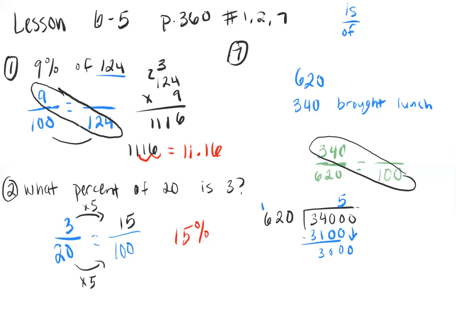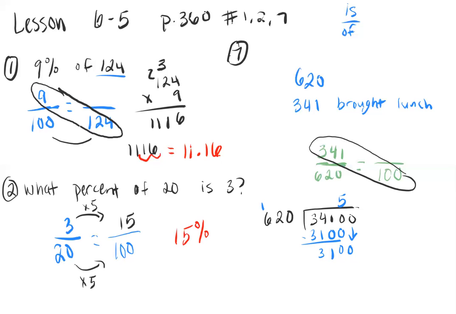Oh dear, I just realized I wrote down my problem wrong. This should have been 341. Just let me go in and change some of this. Okay, that looks better.